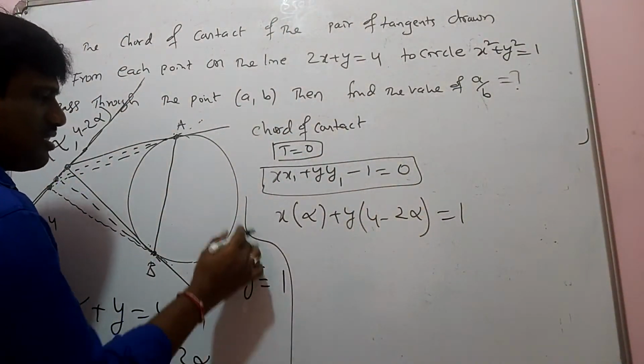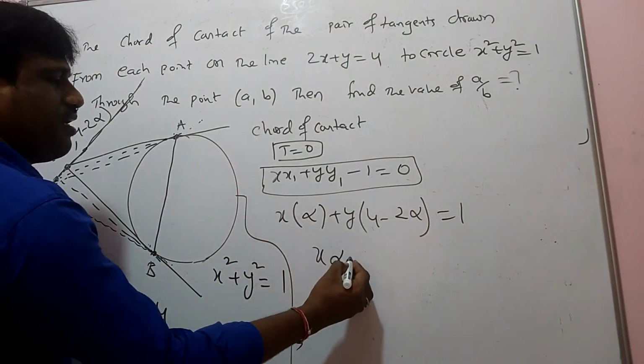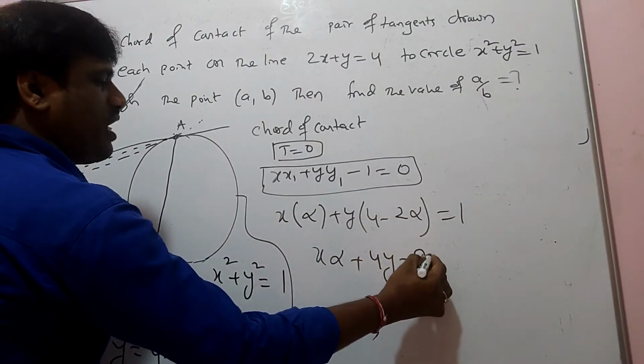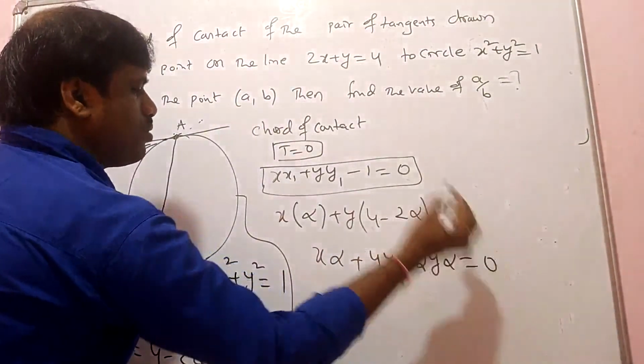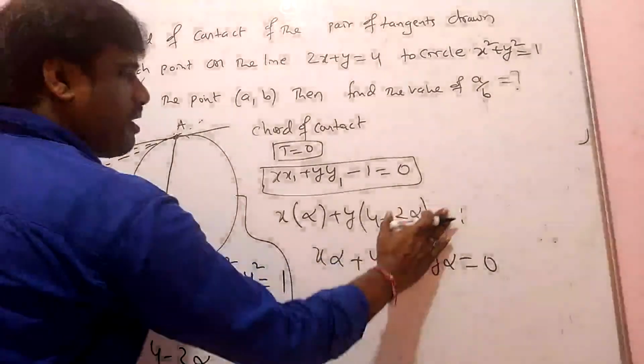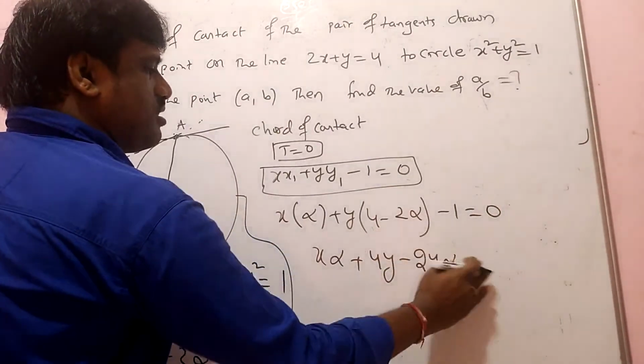So what I am getting here is x alpha plus 4y minus 2y alpha minus 1 is equal to 0. I can take alpha term common.